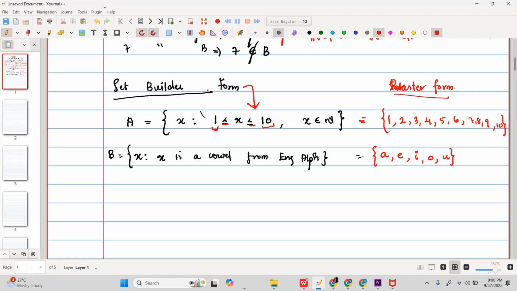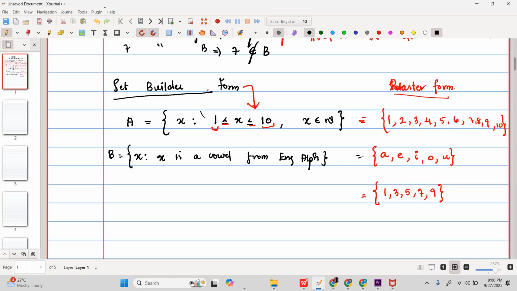If I am giving a roster form and we have to convert that into the set builder form, if it is 1, 3, 5, 7, 9, how can we express this in set builder form?